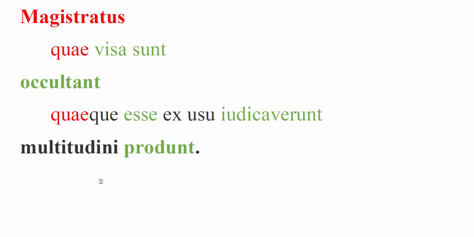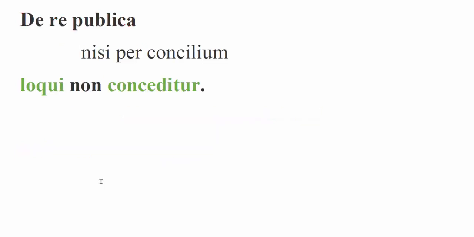So the elected officials decide what gets reported on and what gets concealed. And then final statement, de republica, concerning public affairs. Again, translating republica is tricky. Unless it is through, we might say through proper channels, or through a formal meeting or something like that. Concilium can have a lot of different meanings.